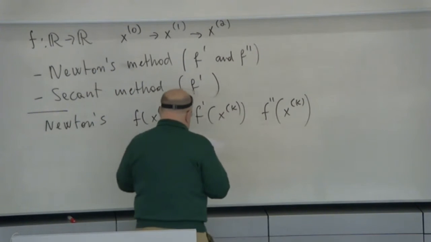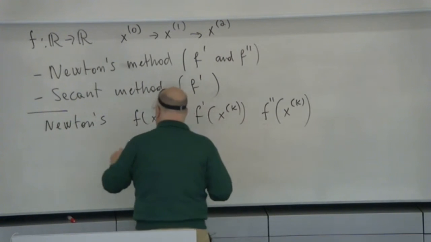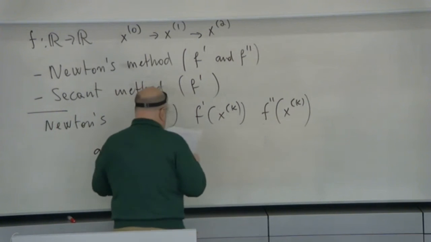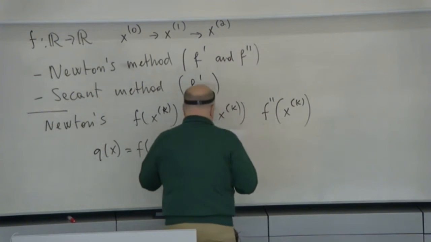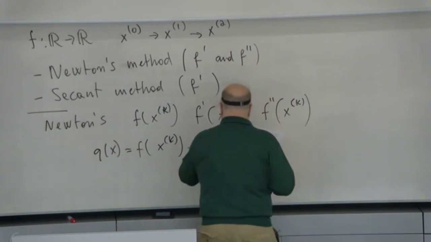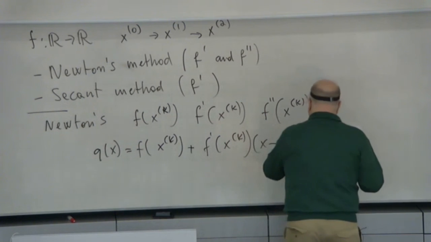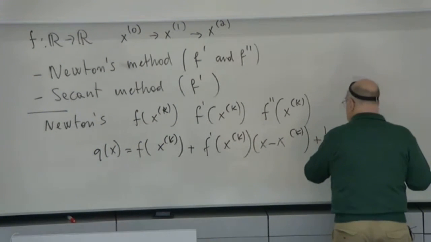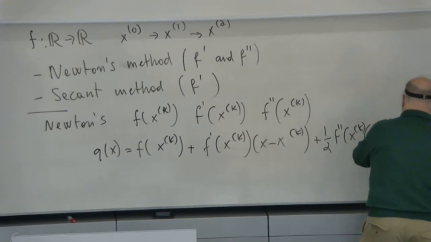So we consider a polynomial q of x, which is f of xk plus f prime at xk times x minus xk plus 1/2 the second derivative at xk times x minus xk squared.